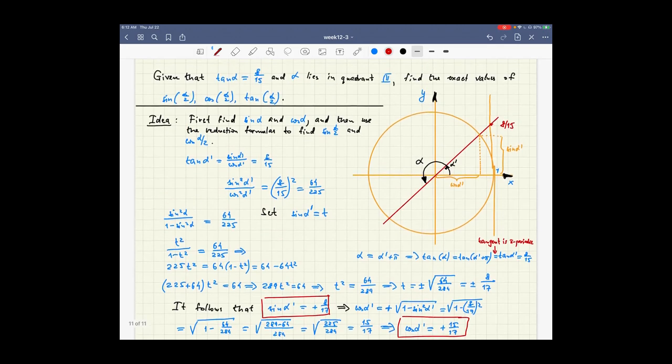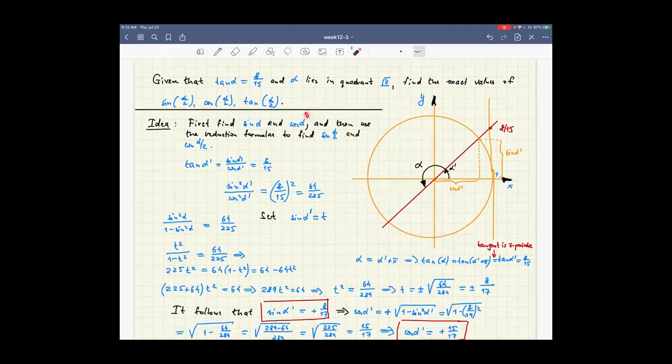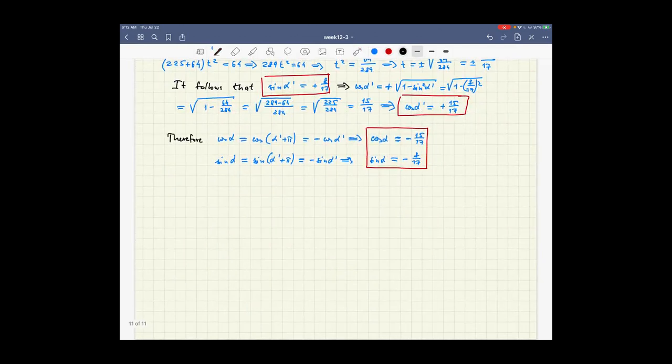Now, following our idea, once we know sine alpha and cosine alpha, we use the reduction formulas. We know, for instance, that sine squared of alpha over 2 is 1 minus cosine of twice alpha over 2, over 2, which is 1 minus cosine alpha over 2.